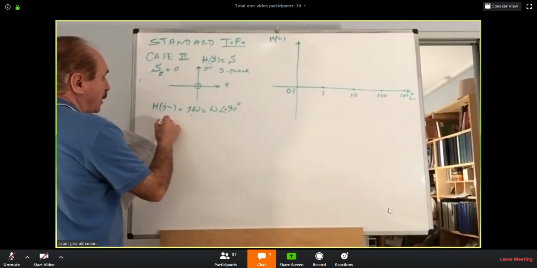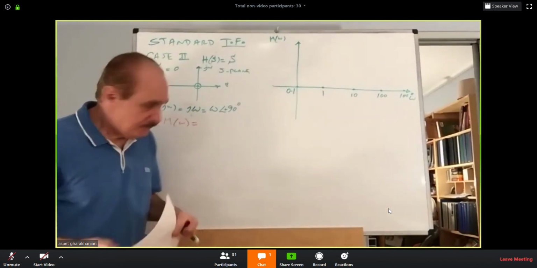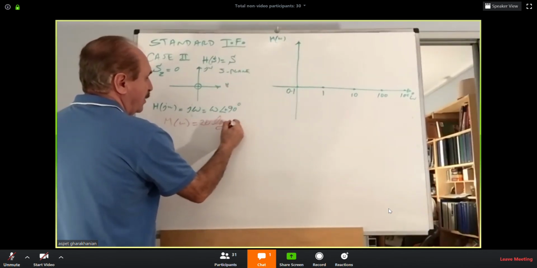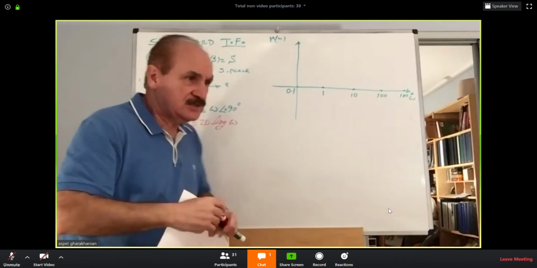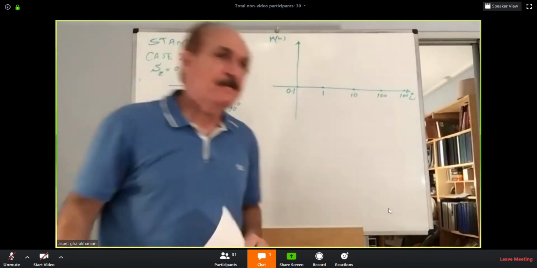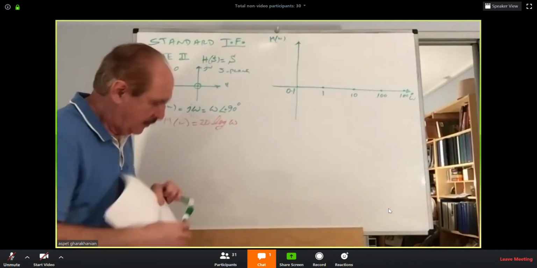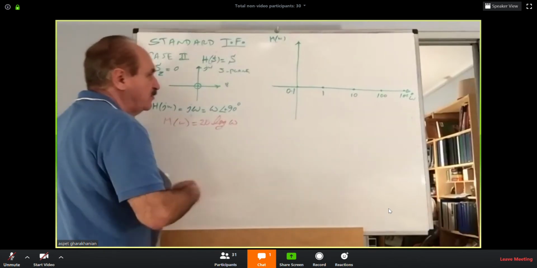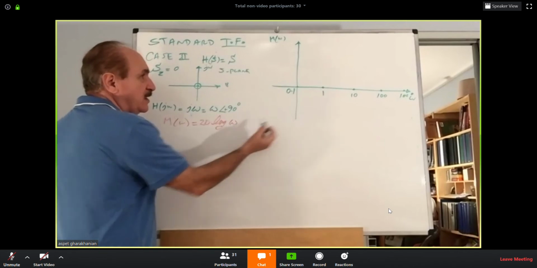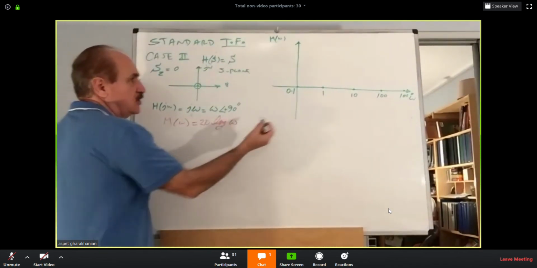The M of omega will be equal to 20 logarithm of omega. So simply try numbers there. Put omega equal to 1. Log of 1 is 0, so it will be right there.